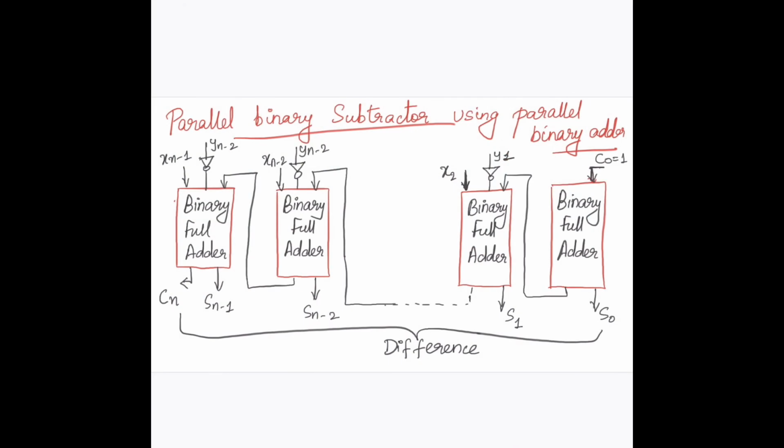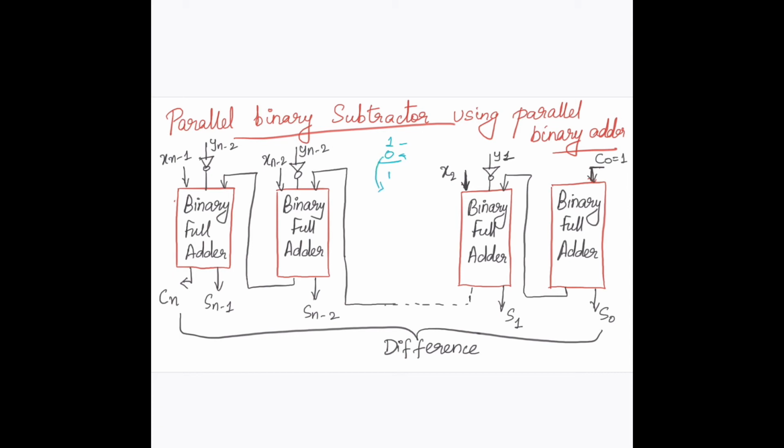So subtraction can also be performed using adders, that is, by using 2's complement. Suppose we want to do the operation 1 minus 0. Instead of the subtraction method, we can use addition. In this case, the 2's complement of the subtrahend should be found first. 2's complement means first find the 1's complement.